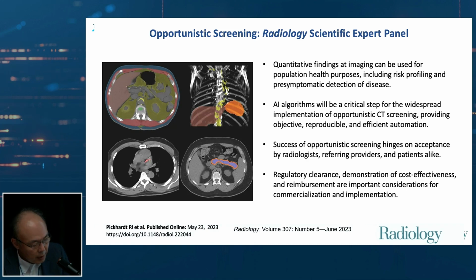Opportunistic means that quantitative findings at imaging can be used for population health purposes, including risk profiling and pre-symptomatic detection of disease. AI algorithms will be a critical step in the widespread implementation of opportunistic CT screening, providing objective, reproducible, and efficient automation.